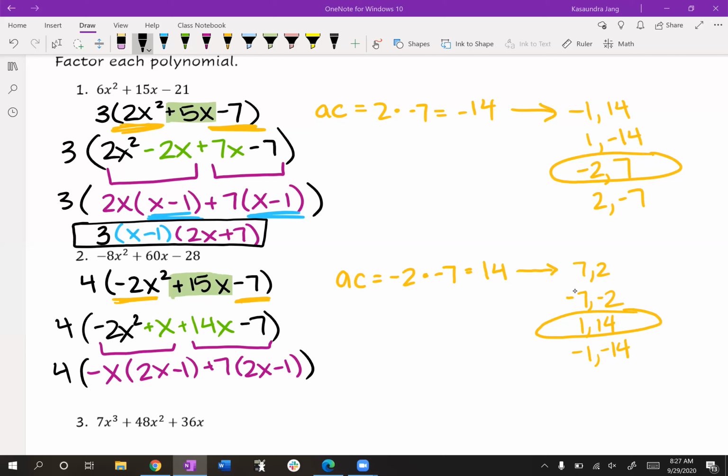Okay, so we're going to look at that in just a sec. So let's finish off with the last GCF. What they have in common now is a 2x minus 1. So we're going to factor out the 2x minus 1. And we've got the -x plus 7 left. And we've still got the GCF of 4.